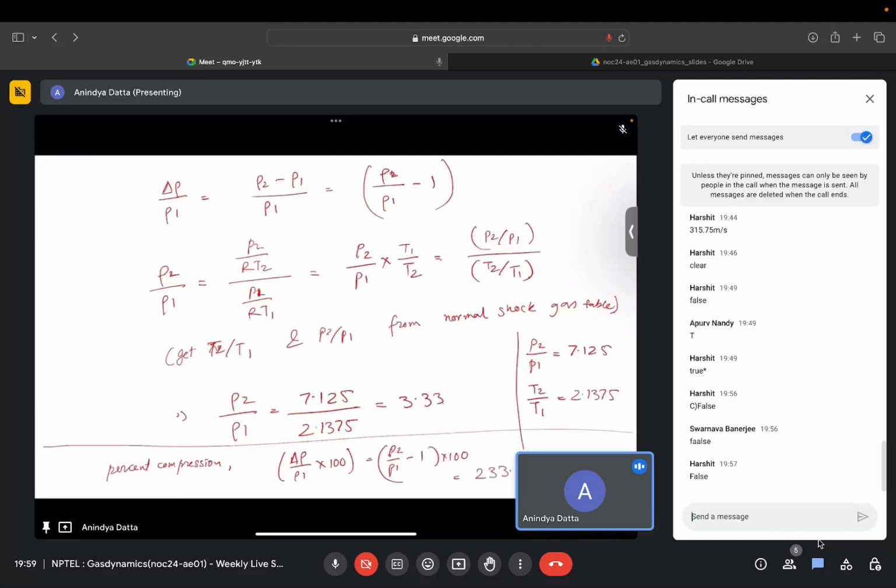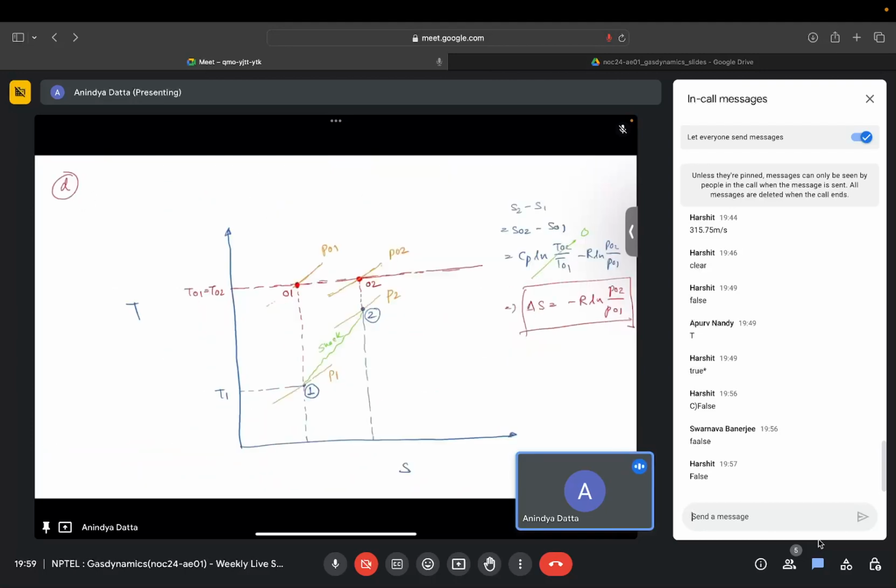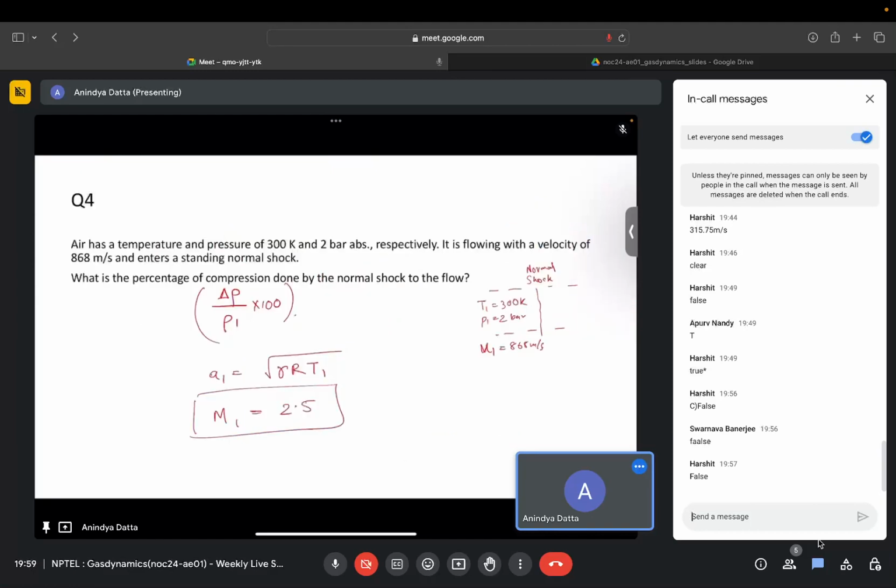I'm defining the percentage compression as delta rho by rho 1. You also have a problem on this in the assignment, where you have to find the percentage of compression defined in this way, the percent change in density.